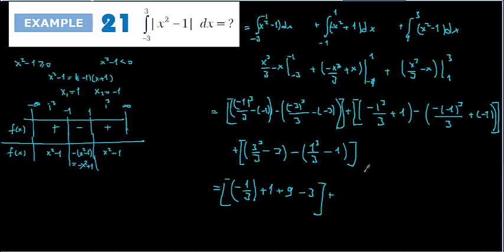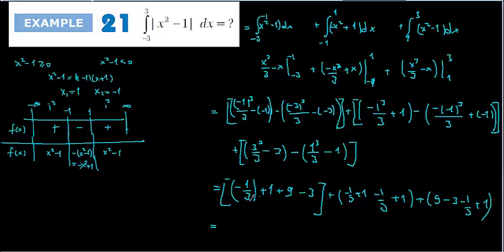Then minus 1 over 3 plus 1, minus and minus, we have a plus here, plus 1 more minus, it's going to be minus again, minus 1 over 3, and this minus, when you apply plus, minus and minus, it's going to be plus 1 here, and the last one is 3 cubed over 3, which is equal to 9, minus 3 minus 1 over 3 plus 1.